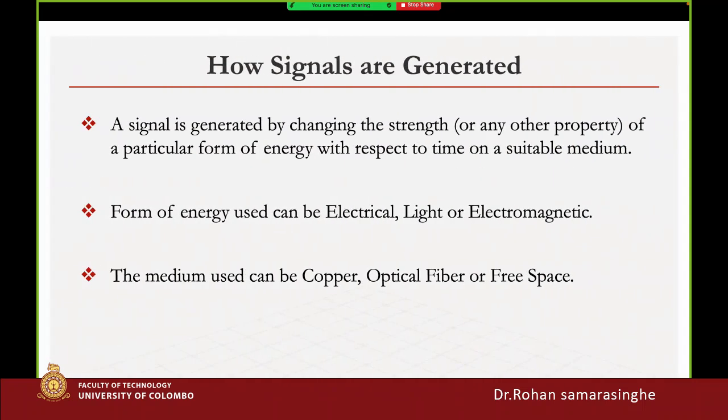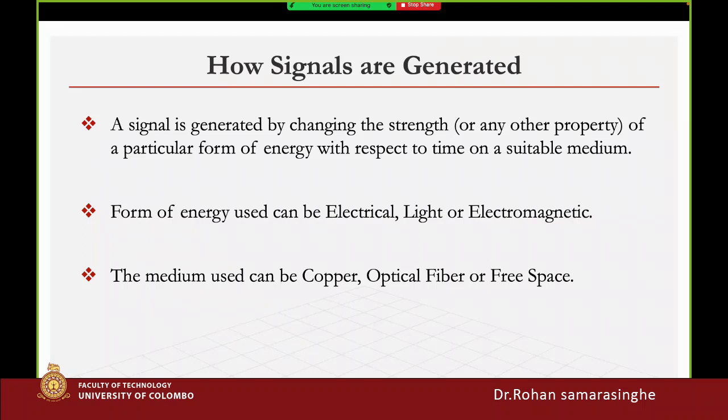So now you can have a basic idea how data is transmitted through this communication line to the destination. So how are signals generated actually? Signals are generated by changing the strength or another property of a particular form of energy with respect to time in a suitable medium.